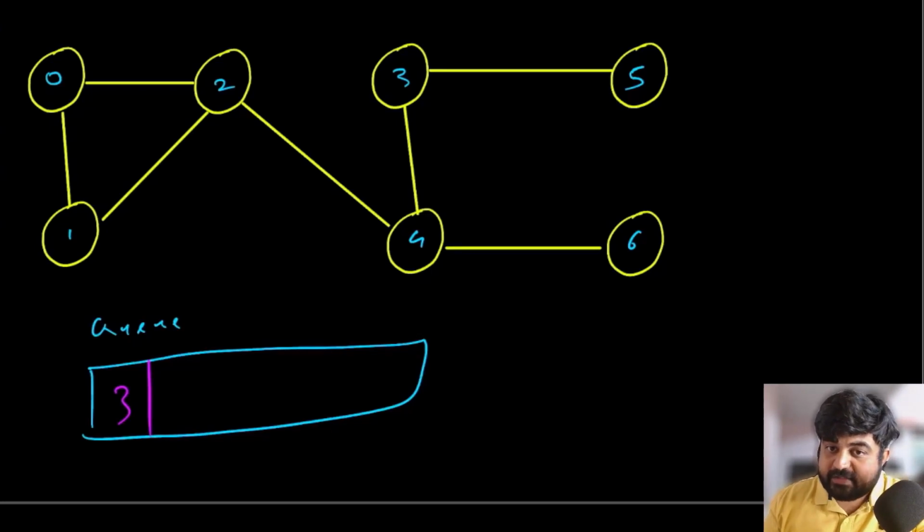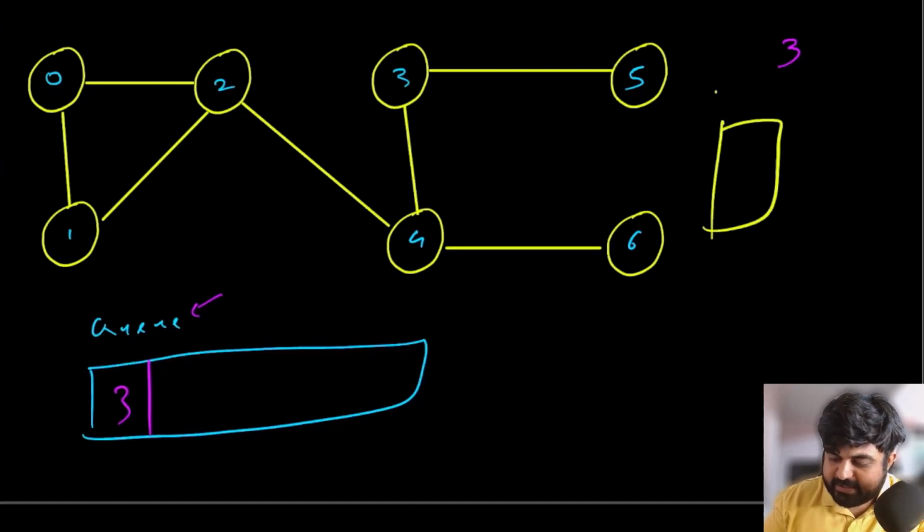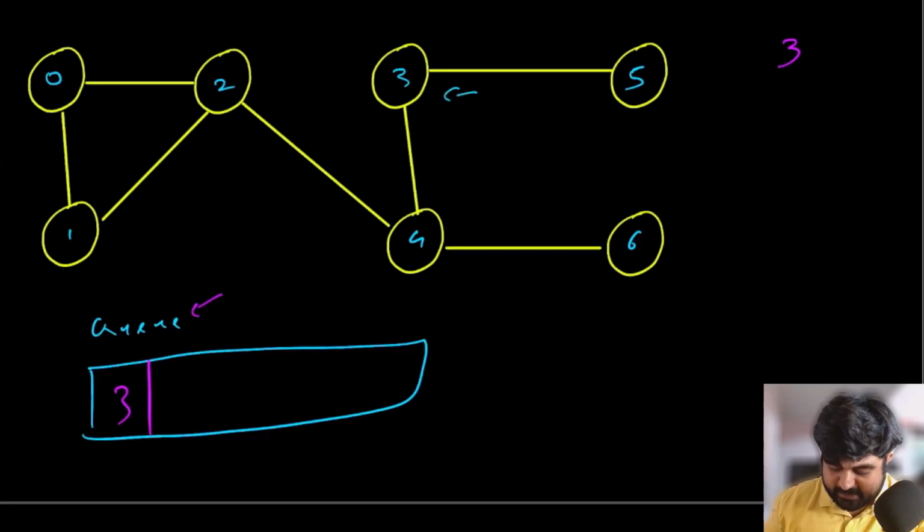Now our BFS function is going to do two things. First, it checks whether the queue has any element or not. The queue has element 3, a value we haven't taken care of. And also remember, we are going to use a hash set, that is a given. For all the values that we have already visited, I'm just going to mark them in this graph.